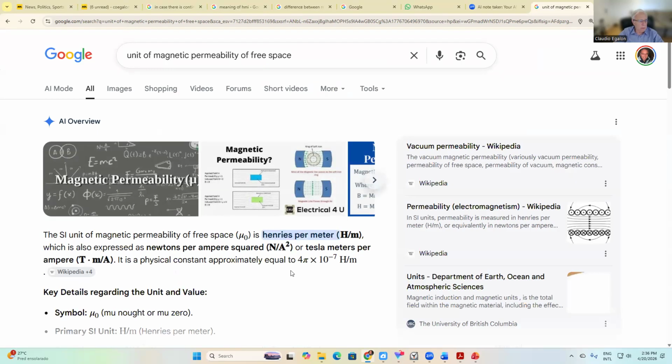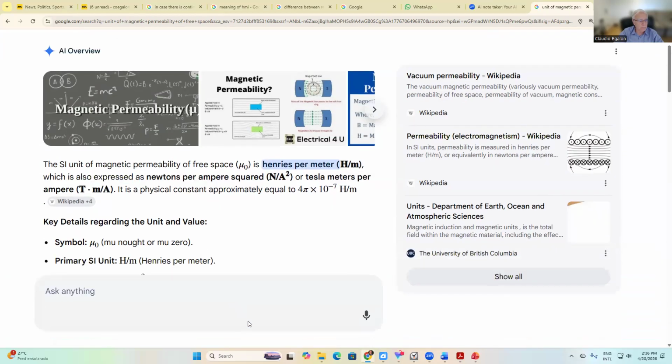The SI unit is Henry per meter, but I want the actual unit, which is also expressed as Newton per ampere squared, or Tesla meters per ampere. So there are different ways of expressing this unit.